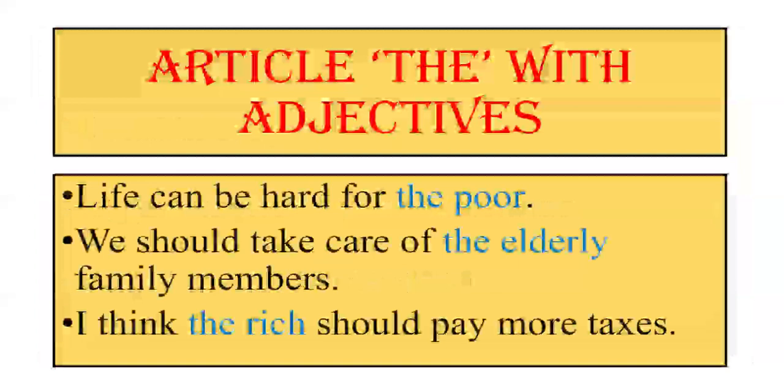Here comes the next rule. Article the is used with adjectives. Now, which adjectives are we talking about? Adjectives like life can be hard for the poor. We should take care of the elderly family members. We are talking about groups of people.